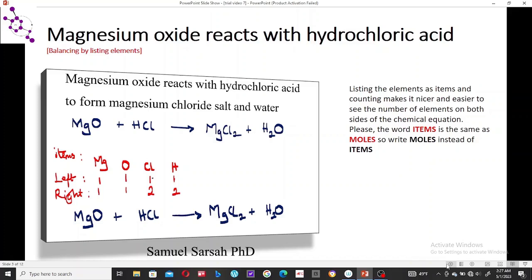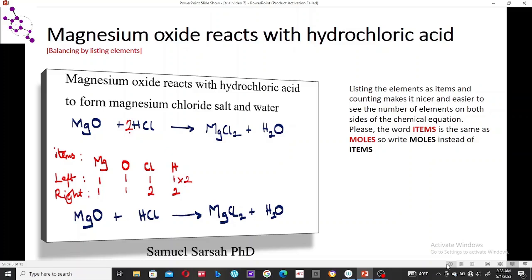Now we have to start with those elements that are not balanced. So let's say we start with the hydrogens. There's two on the right side and one on the left side, so let's multiply the left side by 2. Now the hydrogens are 2 on each side, so they are fine.